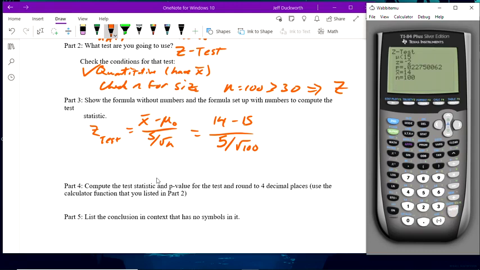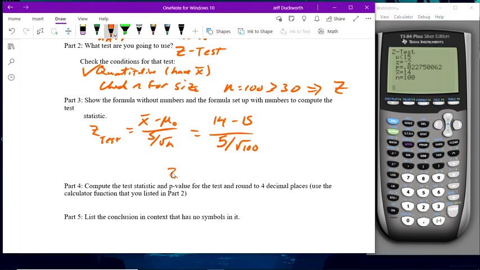So here we have the z-test. The z is equal to just straight up -2. Okay. All right. The next thing we have is the p-value. That's 0.0228.